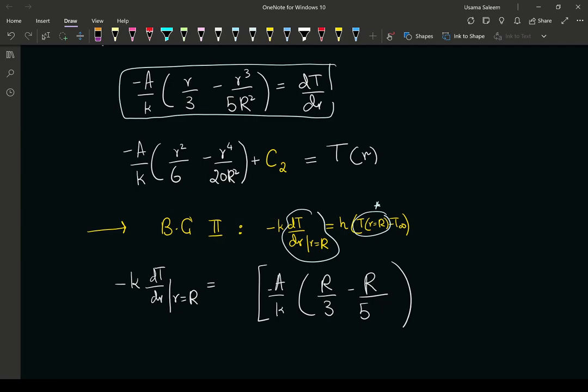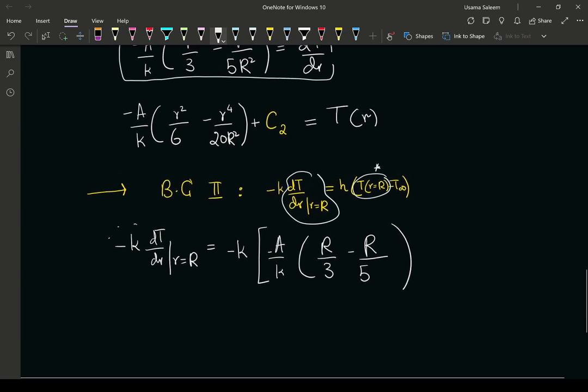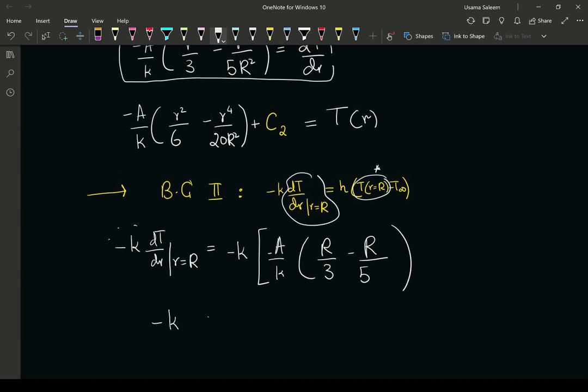Mathematics, good. Of course, there's going to be a negative k here. So negative k times dT/dr evaluated at r equals capital R is just going to be a times R over 3 minus R over 5.